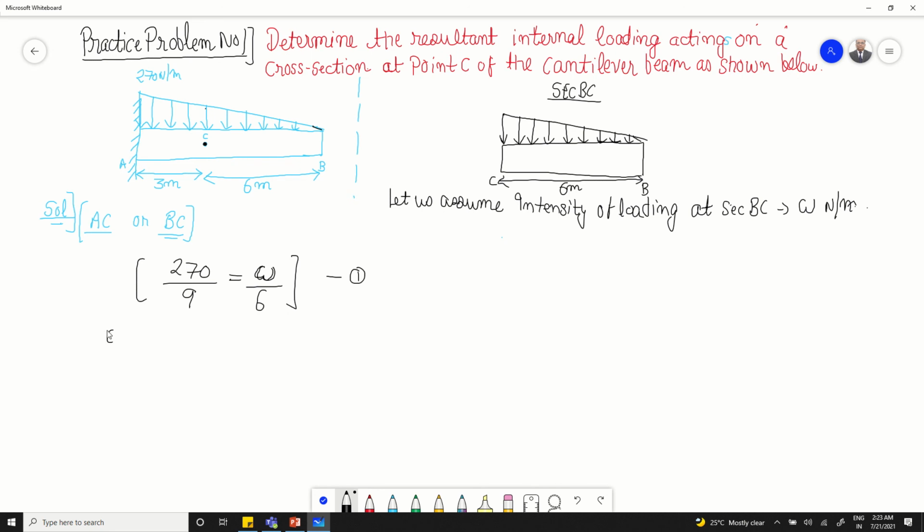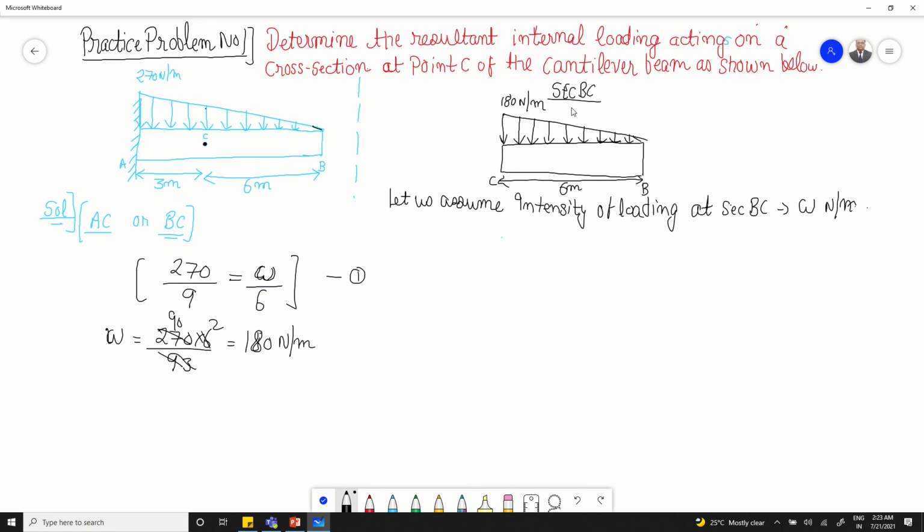So W will be 270 into 6 divided by 9, which is roughly 180 Newton per meter, which means that from point C towards B, it is subjected to a magnitude of 180 Newton per meter.